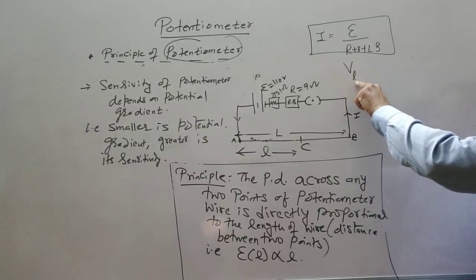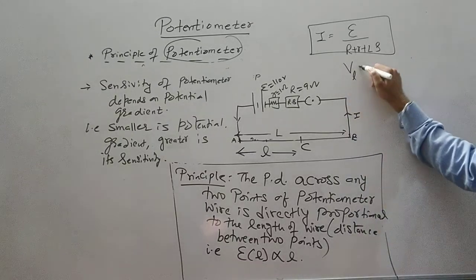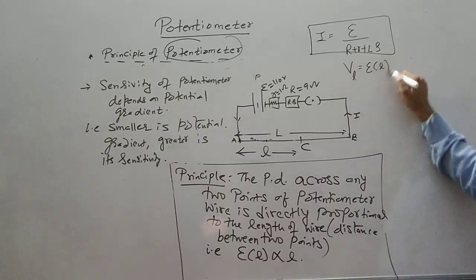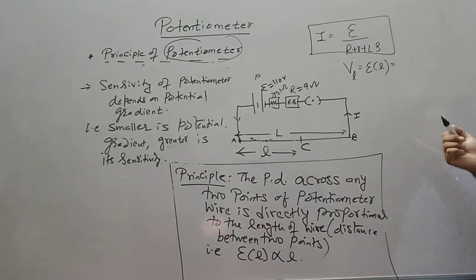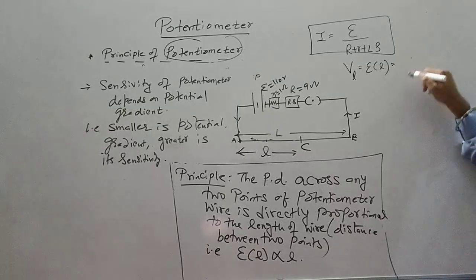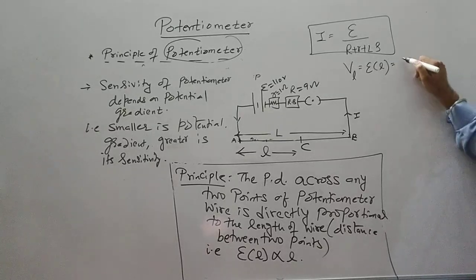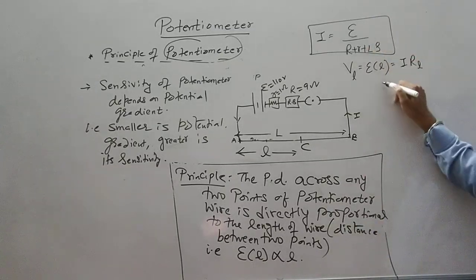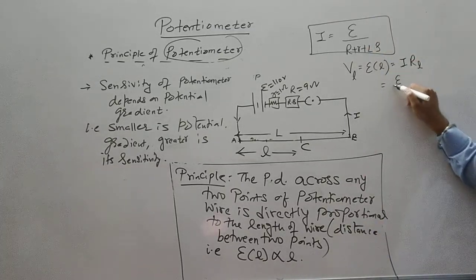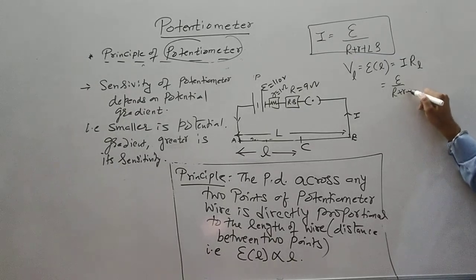So I am writing here VL. In our theory we write it as EL. If you want to write it in Ohm's law form, you write I into the resistance of that one. I you have already found, so that is E upon R plus R L rho.